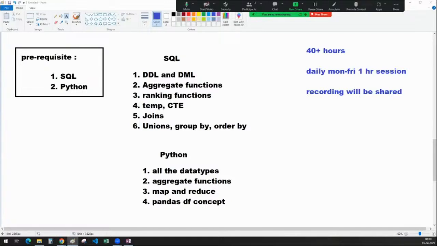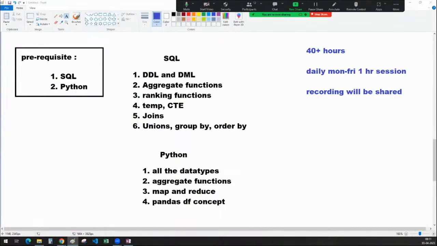I will cover what is data, the classification of data, what is meant by structured, unstructured, and semi-structured data, and the types of databases available: DBMS, RDBMS, and NoSQL databases. From the very basics to the advanced level, where we will be able to automate the data pipelines, we will cover every aspect until automation.